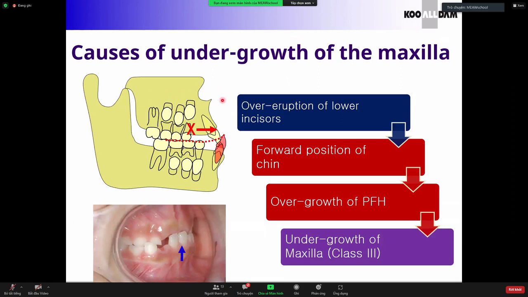And also, these are the main causes of undergrowth of the maxilla. I already mentioned the over-eruption of the lower incisors. So as a result, we can see forward position of the chin, overgrowth of posterior facial height, and undergrowth of the maxilla.